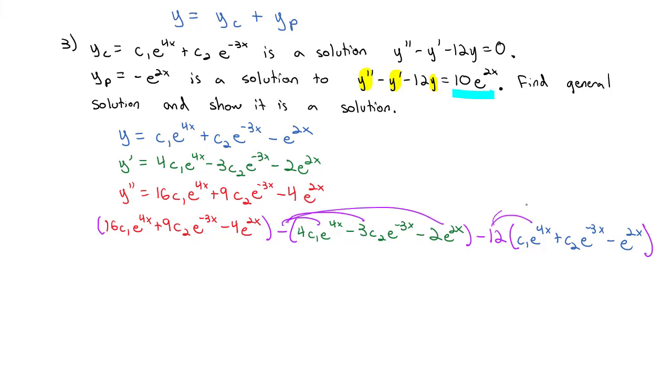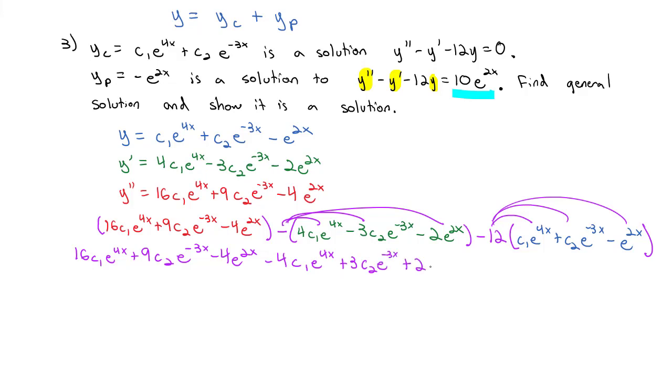Distributing the negative through and the negative 12 through, we end up with 16c1 e to the 4x plus 9c2 e to the negative 3x minus 4 e to the 2x minus 4c1 e to the 4x plus 3c2 e to the negative 3x plus 2 e to the 2x minus 12c1 e to the 4x minus 12c2 e to the negative 3x plus 12 e to the 2x.